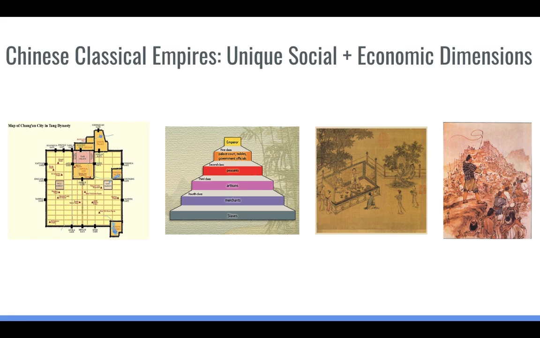This hierarchy really represents that influence of Confucianism in classical China. Bureaucrats at top, they're the educated, peasants above merchants, because they create for society and help create order by growing food.